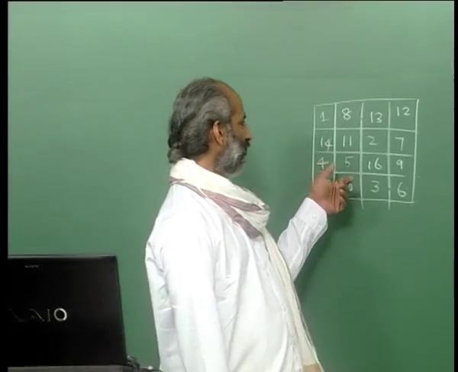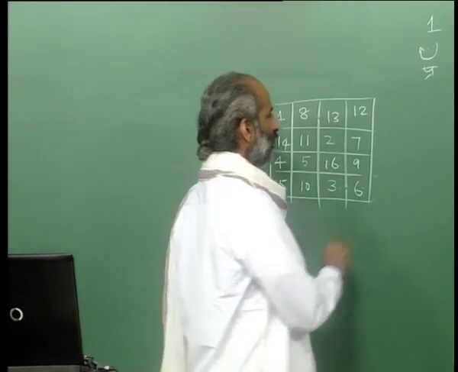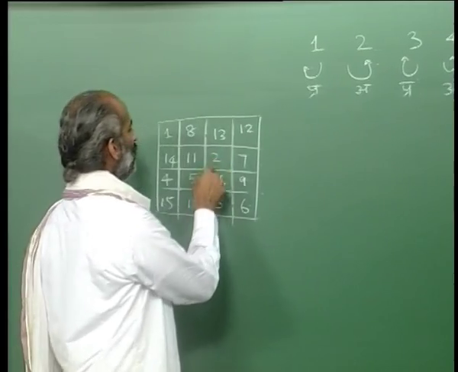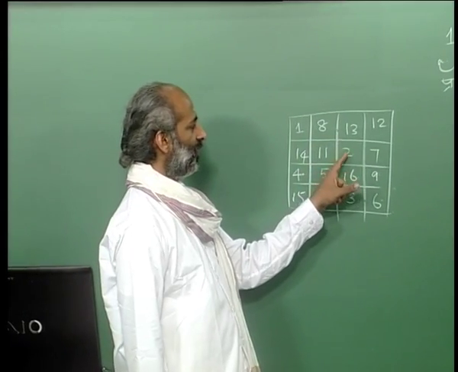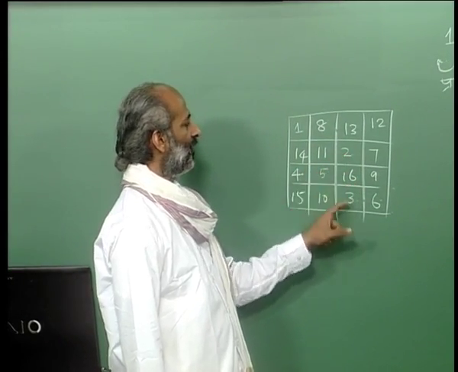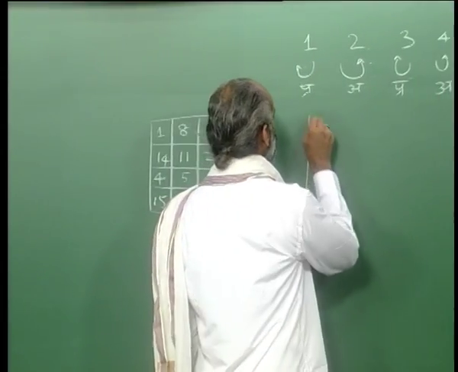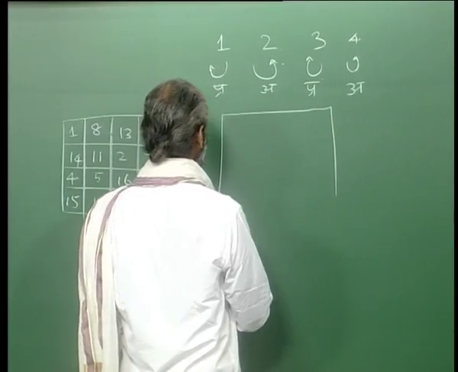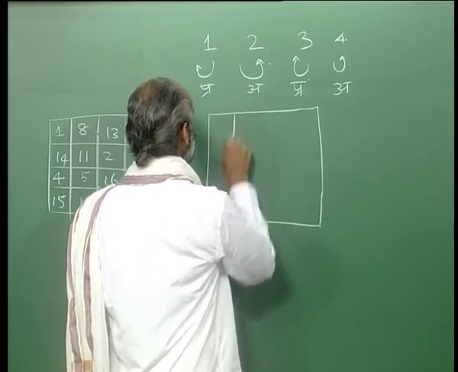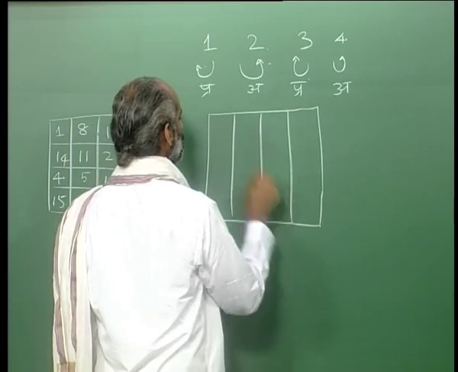Let me start with a different location for 2. So, this Turaga from 1 can jump to 4 places. It can either be here, it can be here, so it can be here or it can be here. This I tried to explain in the morning. So, let me choose some other place for Turaga.